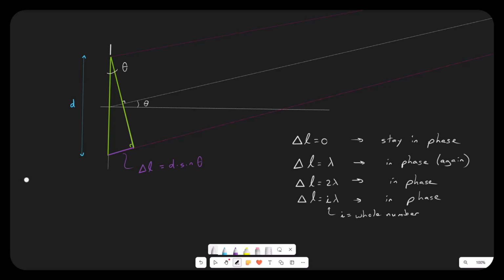So let me see what that looks like. I'm now saying my path length difference, if that's equal to a whole number of wavelengths, I end up in phase and I get constructive interference. So d sine theta equals I lambda gets me there.